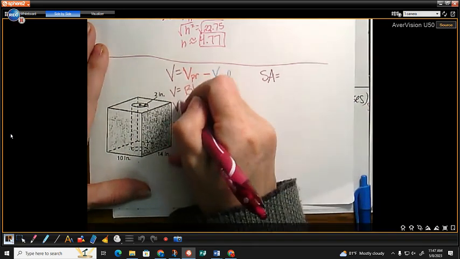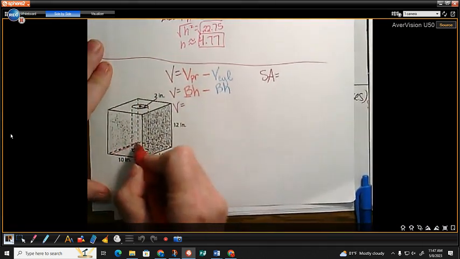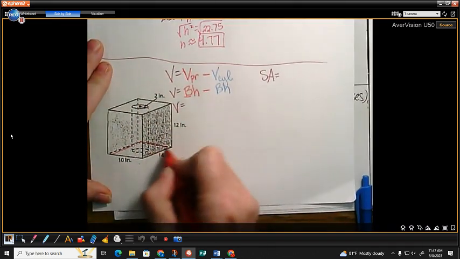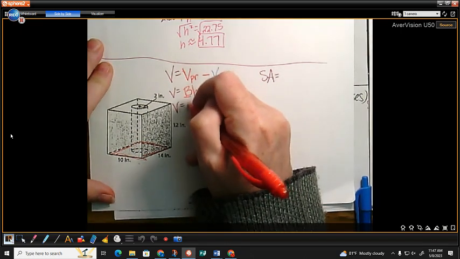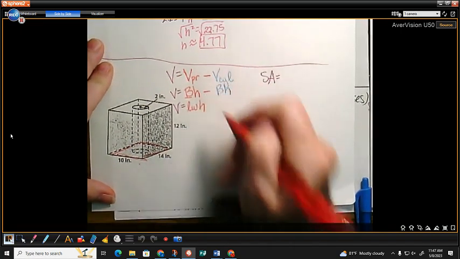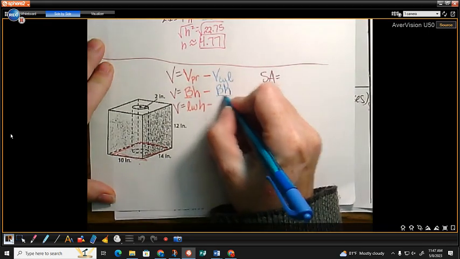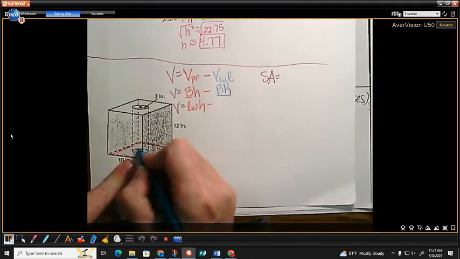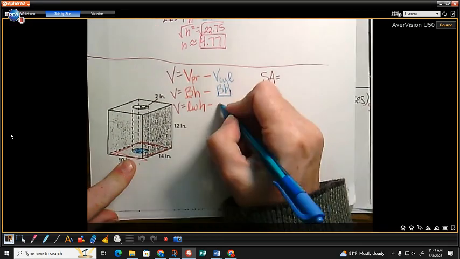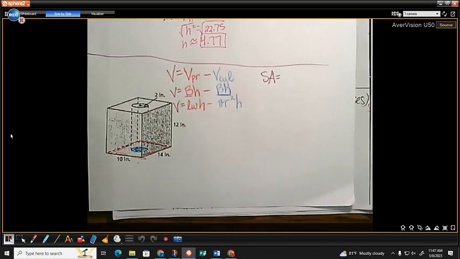So for the volume of this guy, what shape is the base of my prism? It's the rectangle. Okay? So that's going to be the length times width times the height. What's the area on my cylinder going to be? It's a circle. So that one's going to be pi r squared times your height.